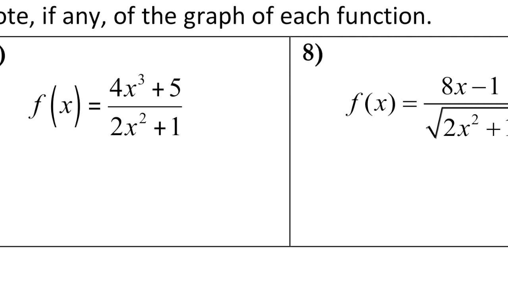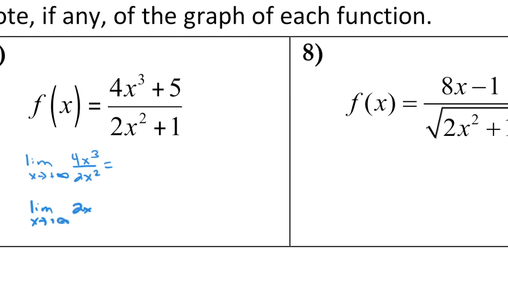So let's take a look at this next question. We have the limit as x goes to positive infinity of 4x cubed, dropping those lower order terms, over 2x squared, and you get 2x. Oops, don't lose that limit notation. So we get the limit as x approaches infinity of 2x.